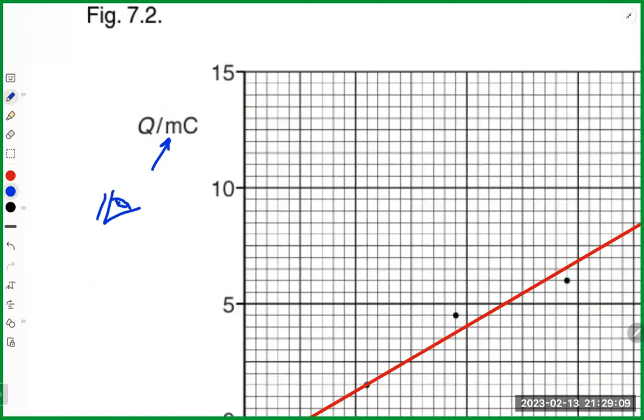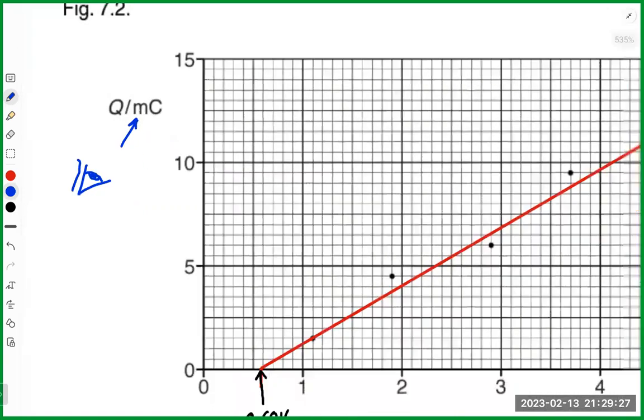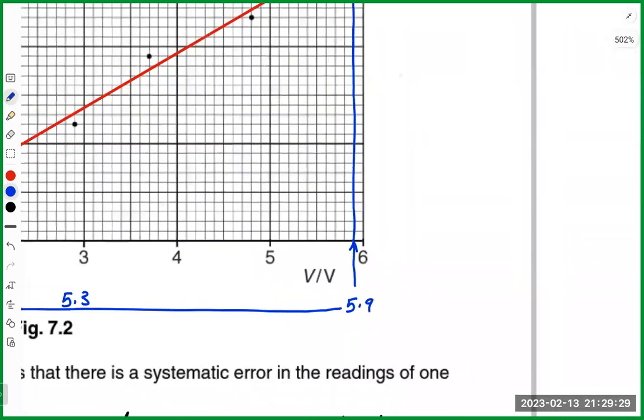Keep your eyes open. Okay. So there is a milli over there. It means any value that you take from the y-axis has to come with a built-in milli. So if you think it is 15, no, it is 15 millicoulomb. So the height will be 15 millicoulomb.